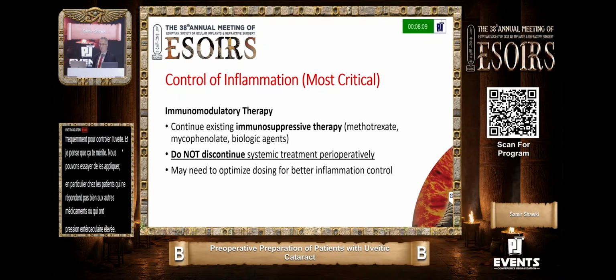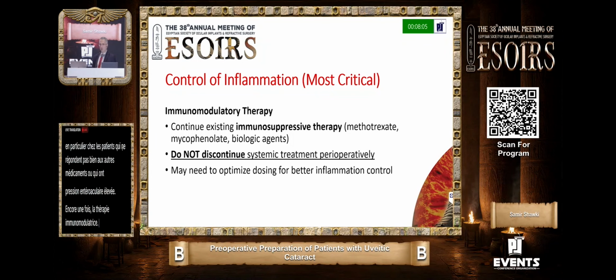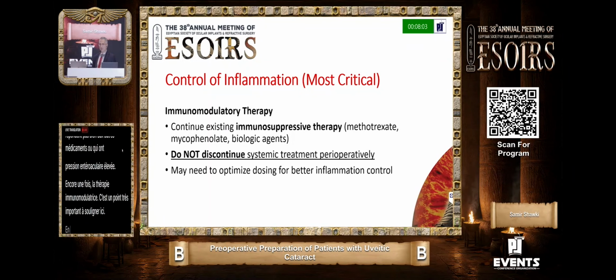Again, the immunomodulatory therapy. This is a very important point to highlight here. In general surgery, the rheumatologists usually ask the patient to stop the immunosuppressive therapy because they are afraid of delayed healing. But in ophthalmology, the reverse is true.